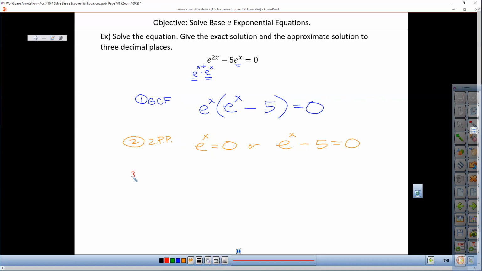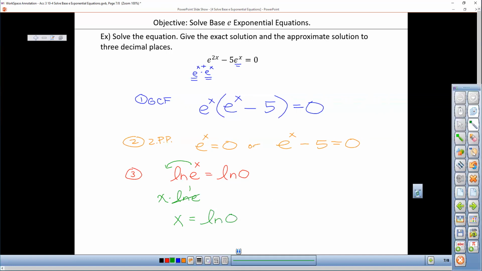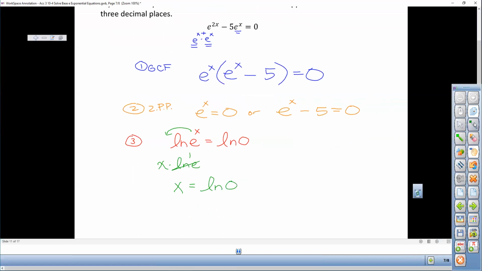So I can introduce my logarithms, or take the logarithm of both sides, undo that exponent with my power property of logarithms, and simplify. 1 times x is x, and I get x is equal to the natural logarithm of 0.